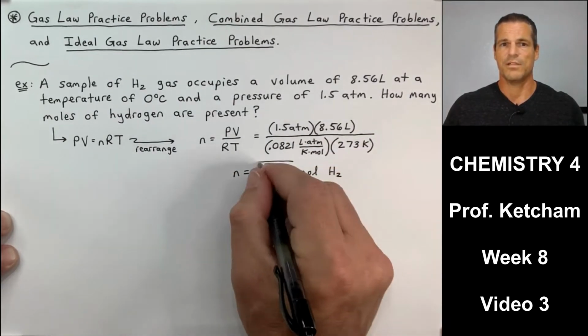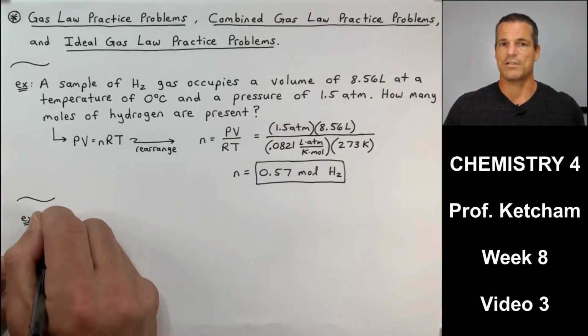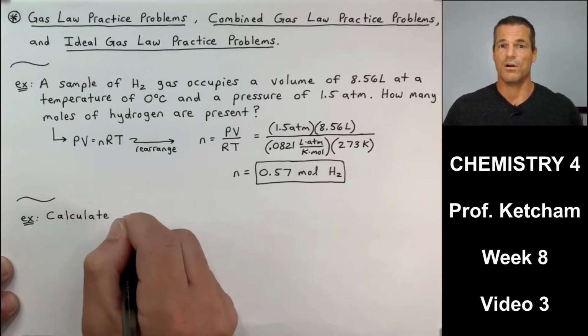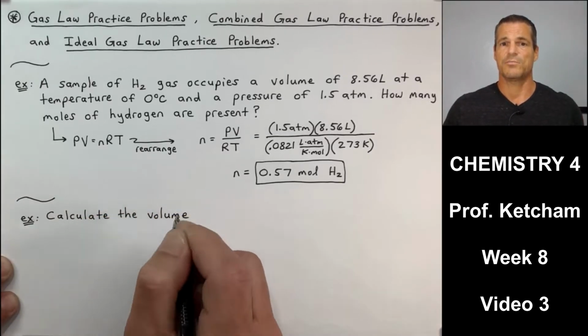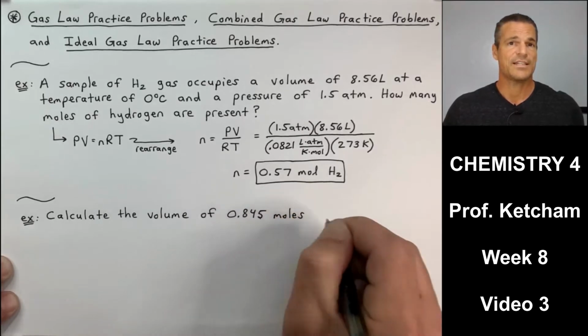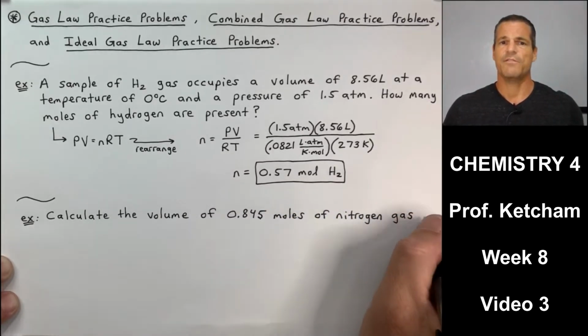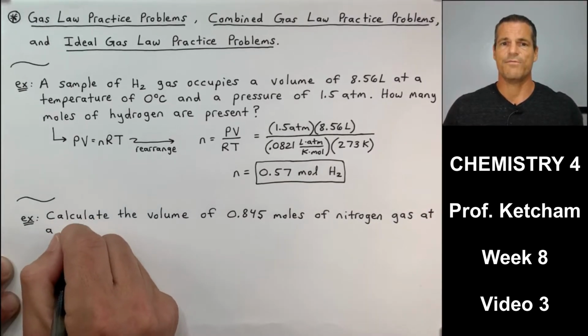I plug all of the numbers in. Luckily, we have all the appropriate units that match up with our units for R, and the answer is 0.57 moles of H2.